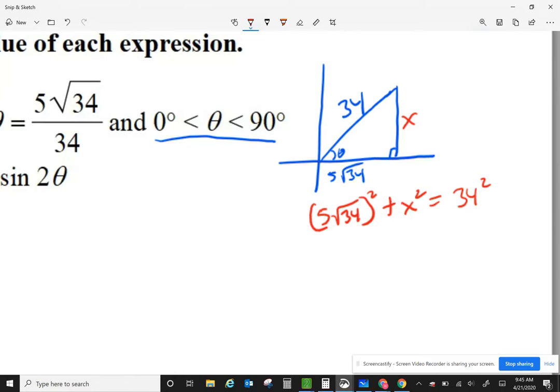Now, I know 5 squared gives me 25. Radical 34 squared gives me 34. Now 25 times 34 gives me 850. So I have that 850 plus x squared equals 1,156.